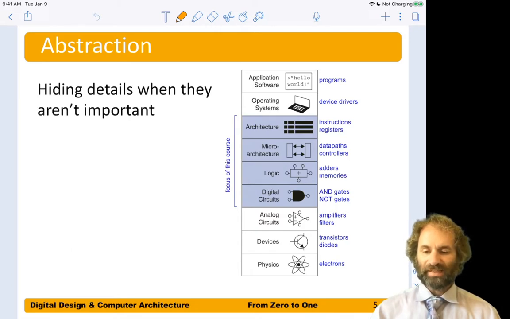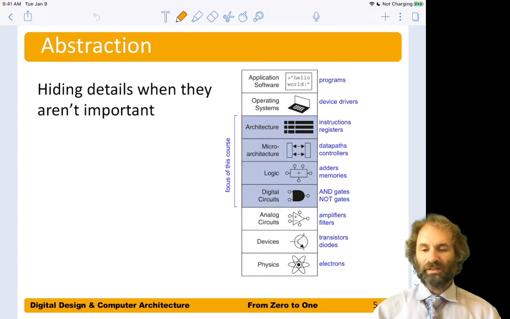We can combine these adders and memories to make things like data paths and controllers, and that's a level we'll call microarchitecture. Going up from there, architecture is the programmer's view of a system. So the architecture of a computer would consist of the instructions that the computer can run and the registers inside the computer. Next up, we could talk about operating systems.